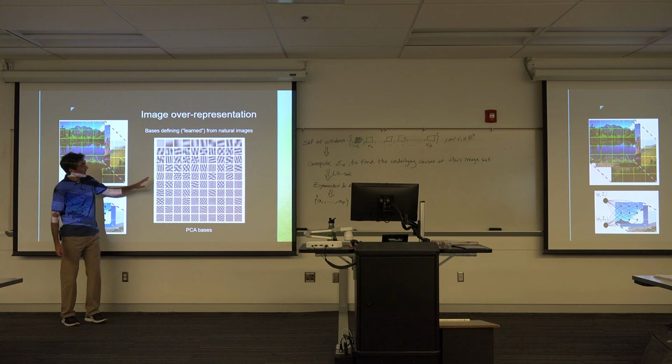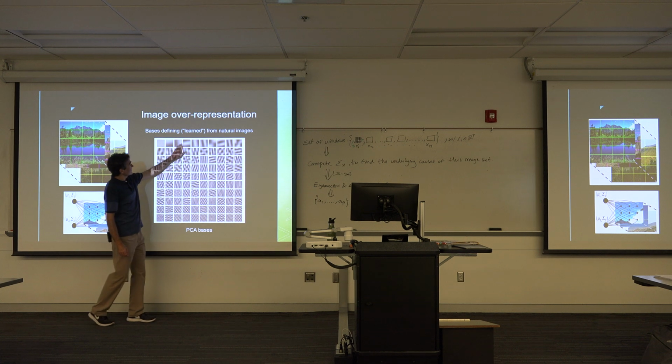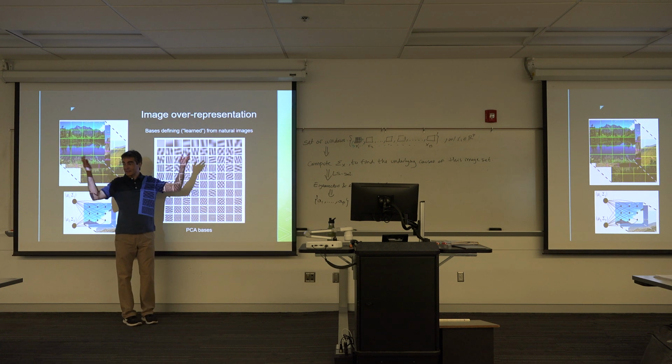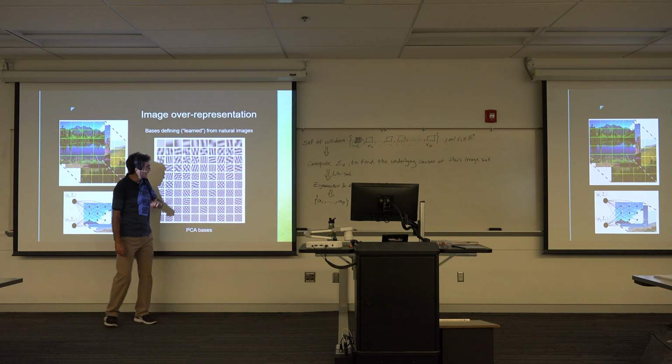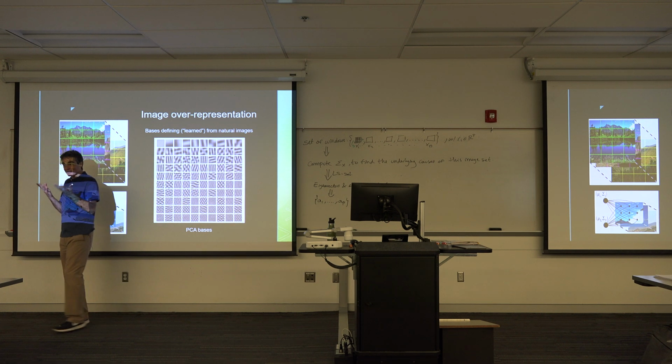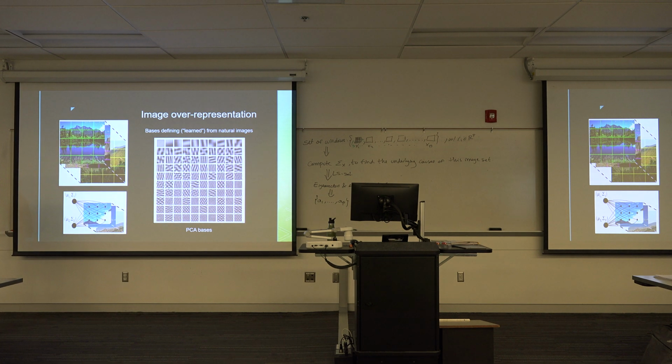And note that these actually look like edges. Some of them look like sinusoidal functions like DCT bases, some look like derivatives of Gaussians, maybe to some extent some Gabors. They look actually very interesting.